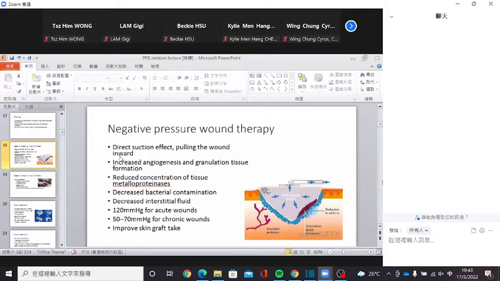It involves a foam being put into the wound cavity and then connected to a suction tubing. It helps the wound to heal by a direct suction force to pull the wound inward, and it increases angiogenesis and granulation tissue formation.